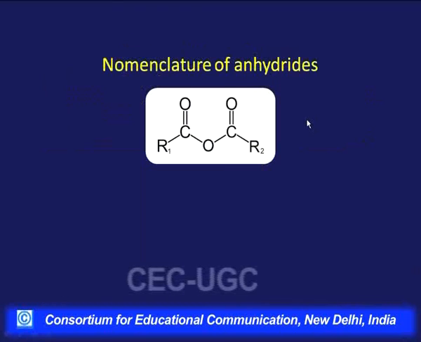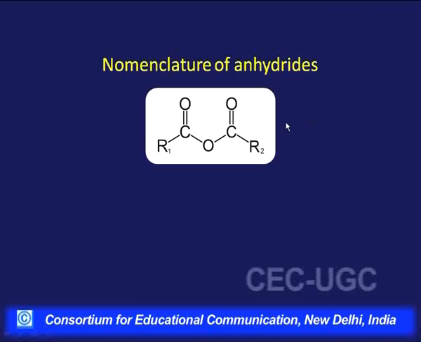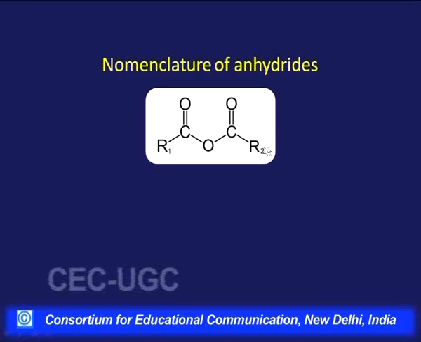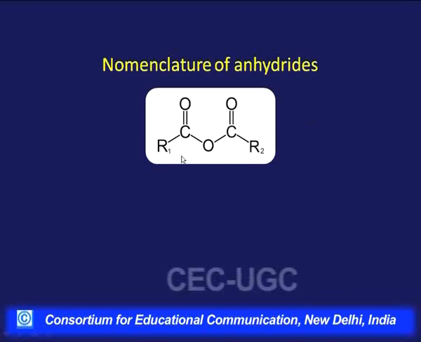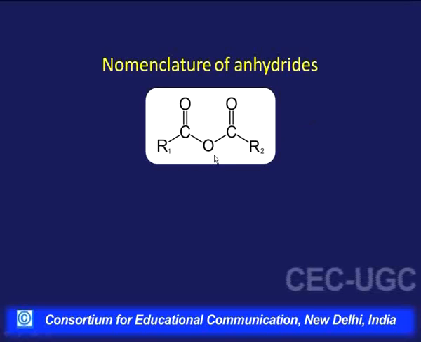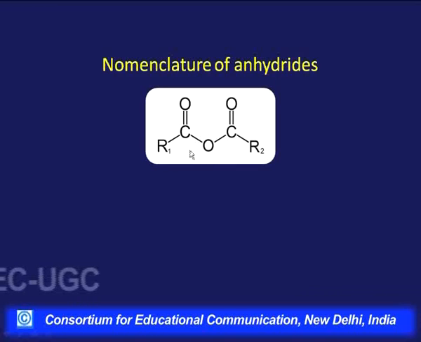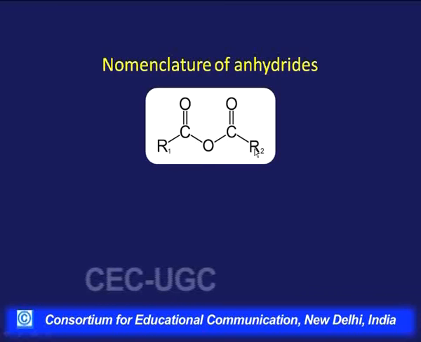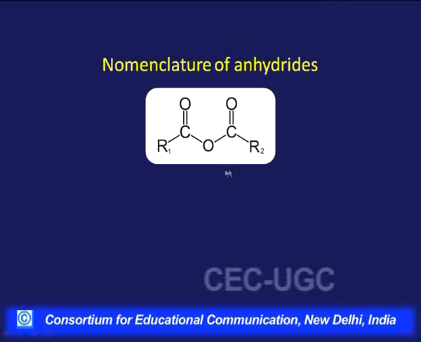Anhydrides. Anhydrides, as I said before, are the compounds which are obtained by the loss of a water molecule between 2 carboxylic acids. These are anhydrides. Now, these anhydrides may be from the same acids or they may be formed from different acids.